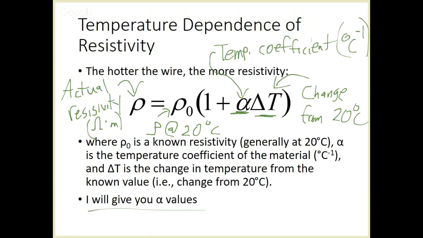So if my wire is at 100 degrees, then that means my delta T is 80 degrees. And that's what I would actually use in my equation.